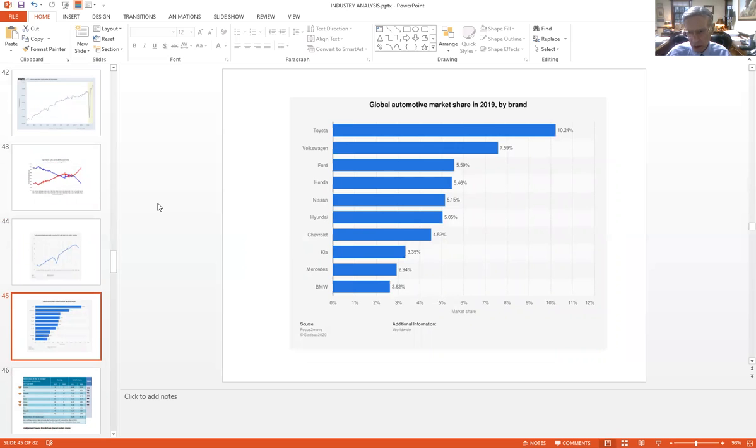Market shares also differ sharply. As you can see globally, Toyota seems to have, as of 2019, higher market share than Volkswagen, but these are by brands. So for instance, you can see down near the bottom, Chevrolet. That's not General Motors, that's just the Chevrolet brand. Buick and Cadillac are not there, for instance.